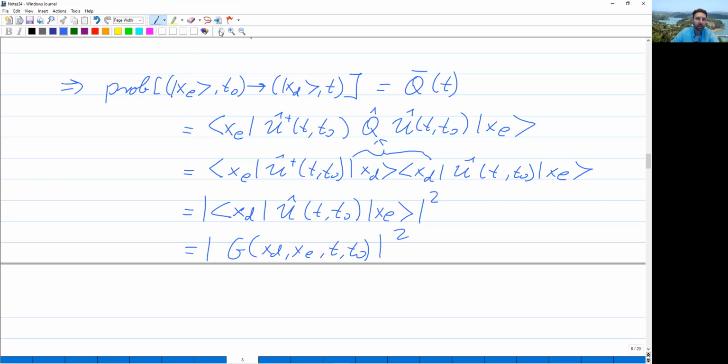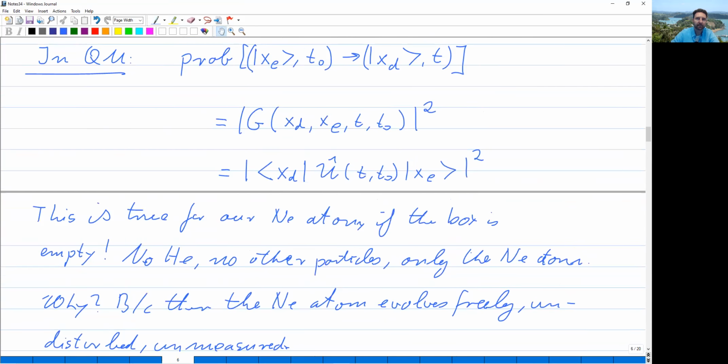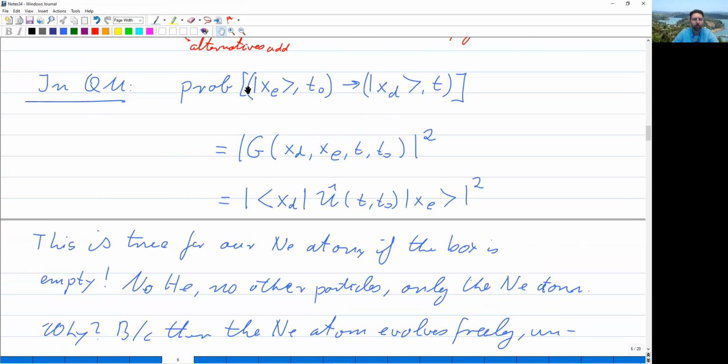This is what we had at the beginning. We said that in quantum mechanics, the probability for a particle such as a neon atom to propagate, if undisturbed, from an initial location to a final location in a particular time span is given by the Green's function modulus squared. Green's function being the position matrix elements of the time evolution operator.